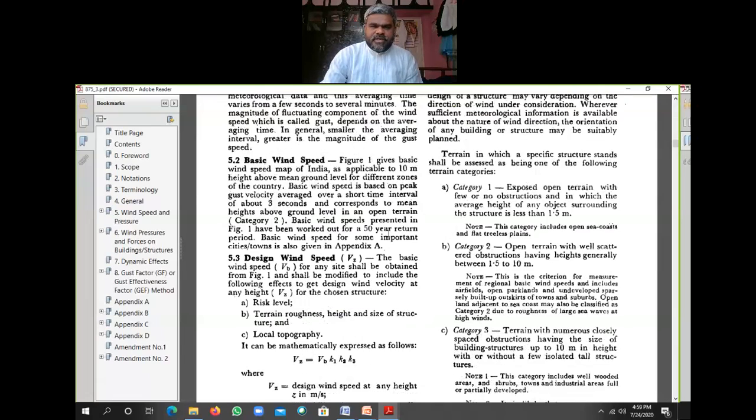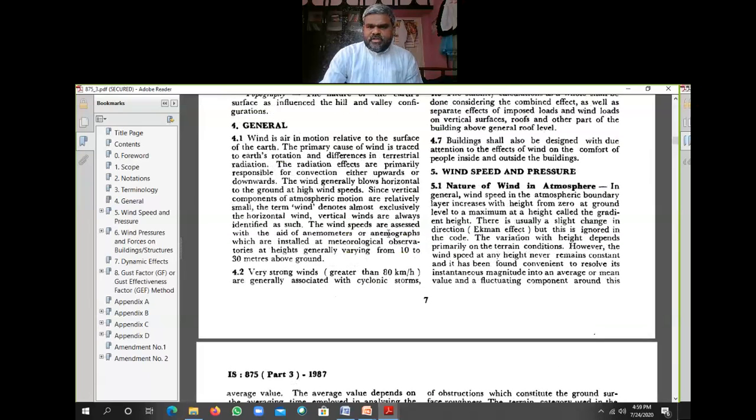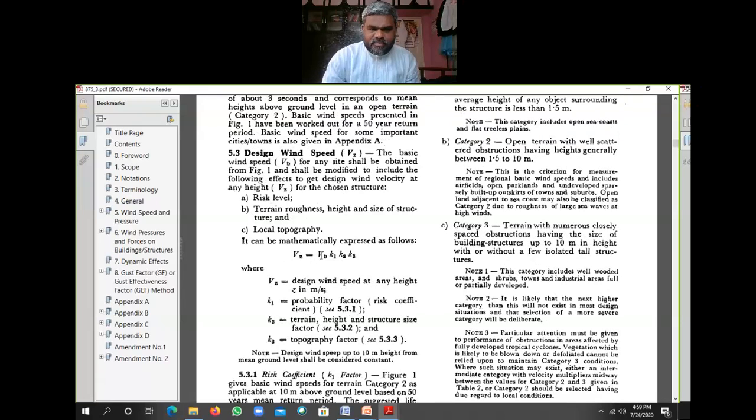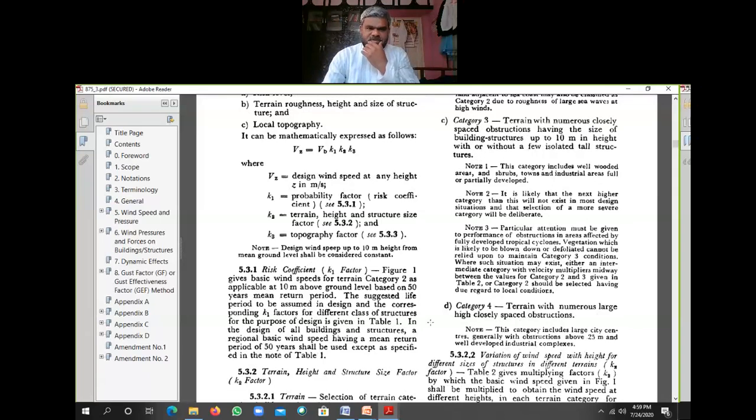Design wind speed, basic wind speed, nature of wind and atmosphere. Design wind speed can be mathematically expressed as Vz = Vb × K1 × K2 × K3. Vz is the design wind speed at any height Z; K1 is the probability factor or risk coefficient, K2 the terrain and height of the structure factor, and K3 the topography factor. Based on this, wind speed can be designed, right?